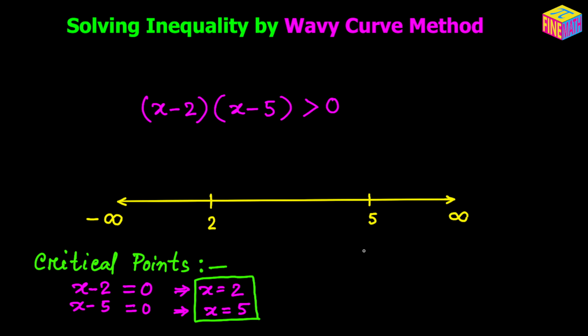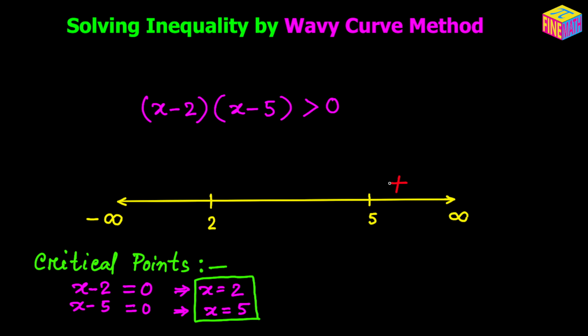So on the real number line, you first find out what the critical points are, then you plot them on a real number line, and then find the rightmost critical point. In this example it is 5, and on the right hand side of 5 on the real number line, any number you try, your expression value will come out to be positive.